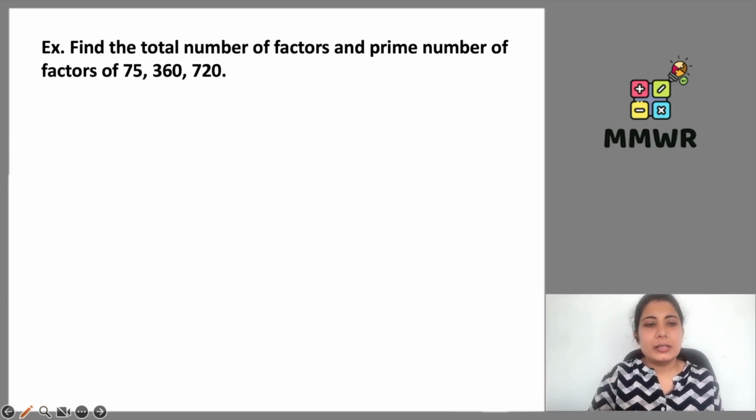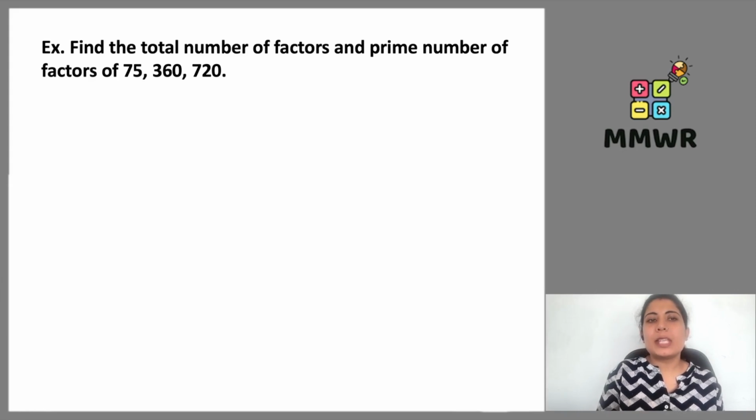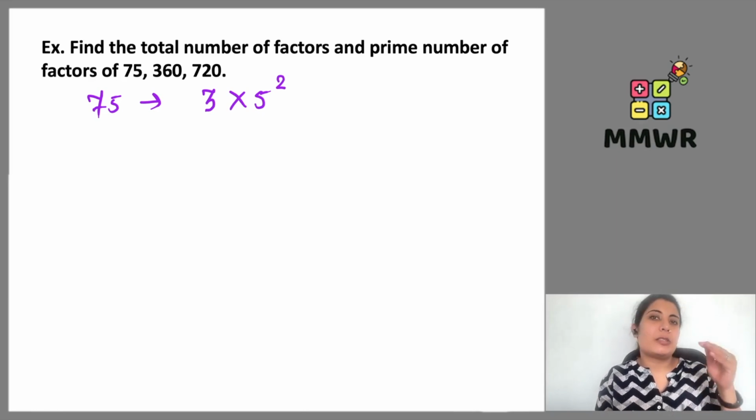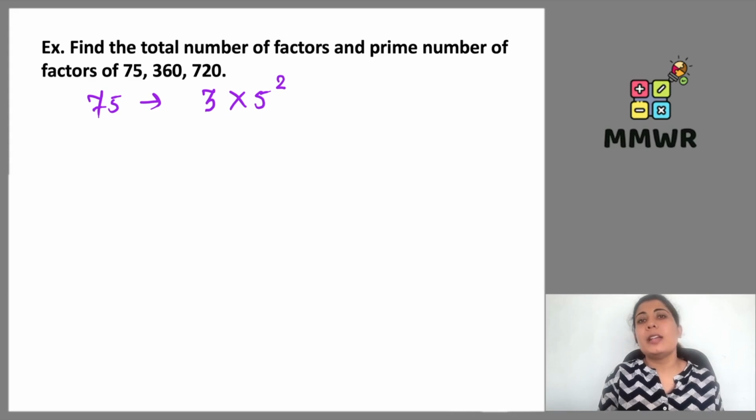Now the next example we have is 75. Right, 75 is divisible by 3, 25 times, then by 5, 5 times, and then by 5 again. So when you factorize this 75, you will get 3 multiply 5 multiply 5, which can be written as 3 multiply 5 square, or 3 to the power 1 multiply 5 to the power 2.